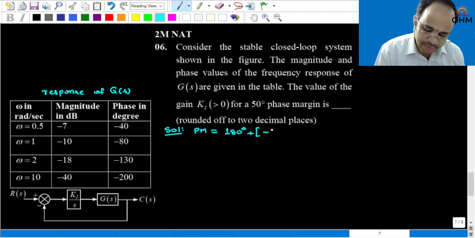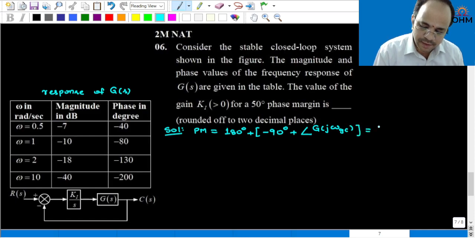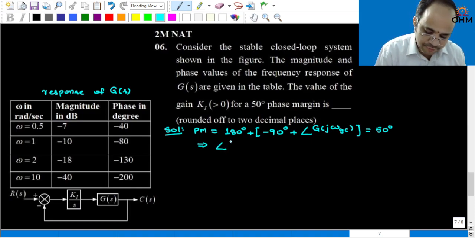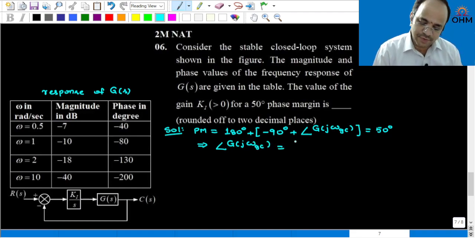Therefore, that will be minus 90 degree plus phase angle of G of j omega gc is equal to 50 degree. Because of the denominator s, it will contribute a phase angle of minus 90 degree. Therefore, the phase angle of G of j omega gc is equal to minus 40 degree.